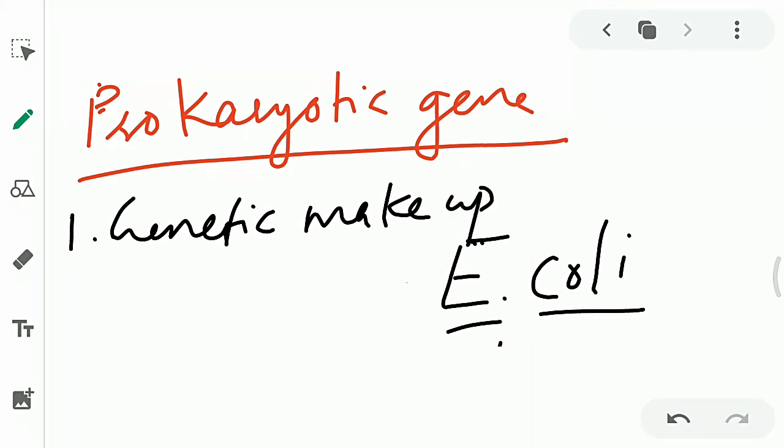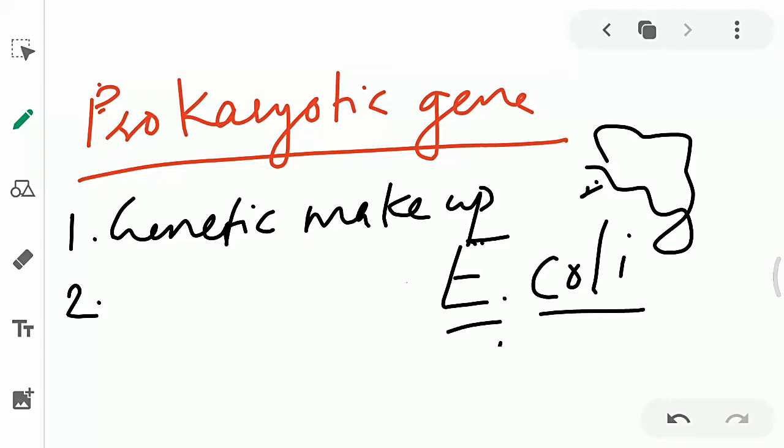Extensively in the sense they are studied well. Their genome we know very well. E. coli genome, each and every part we know very well. So it is easy to transfer a gene into that cell, as well as we can find out where our gene goes and all. Their genetic makeup is extensively studied.